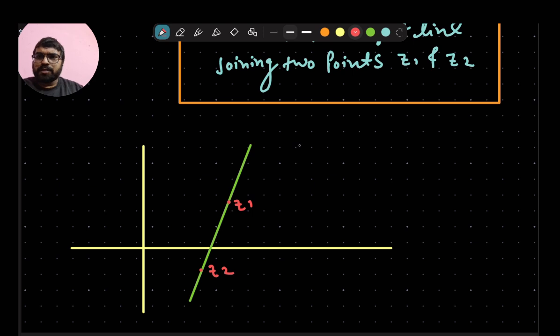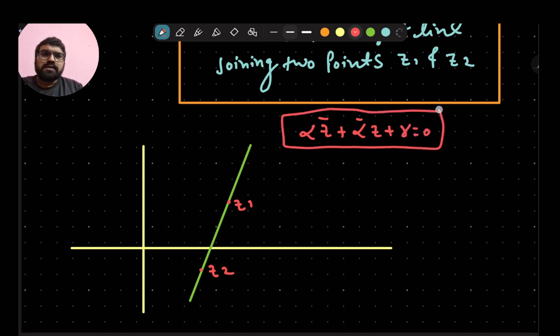Before jumping into the proof of how we get this, I'm just writing it: alpha z bar plus alpha bar z plus r equal to 0. This will be the equation of a straight line on the complex plane.